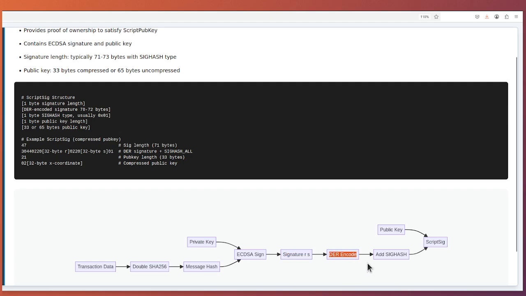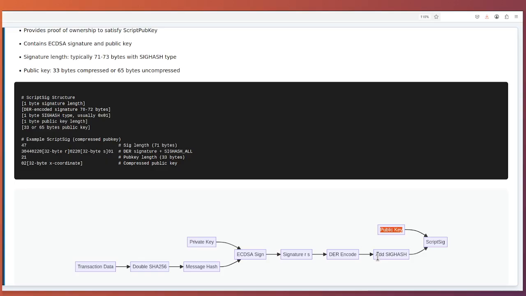Following the signature in the ScriptSig is the full public key, which is either 65 bytes for an uncompressed key or 33 bytes for a compressed key. Compressed keys have become the standard because they save space on the blockchain while providing the same security.